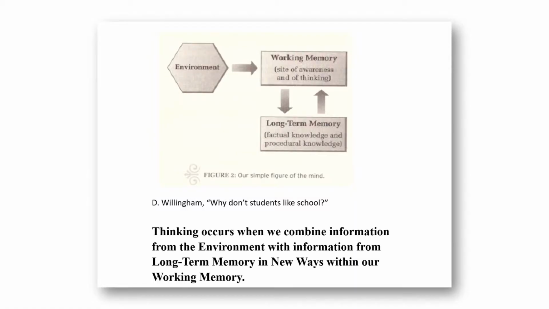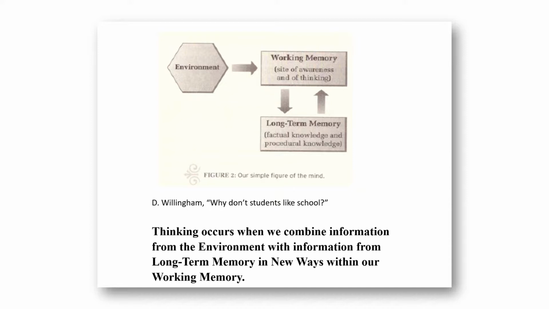Here is a pictograph from the Willingham book about how we actually think. The way that human beings think critically is that we are doing a synthesis. From the environment, we take cues, such as what is the price and quantity change for this elasticity problem.